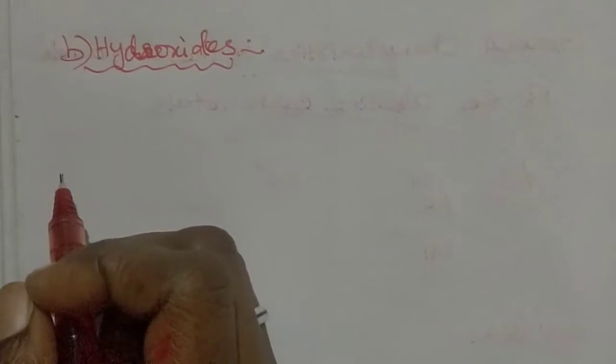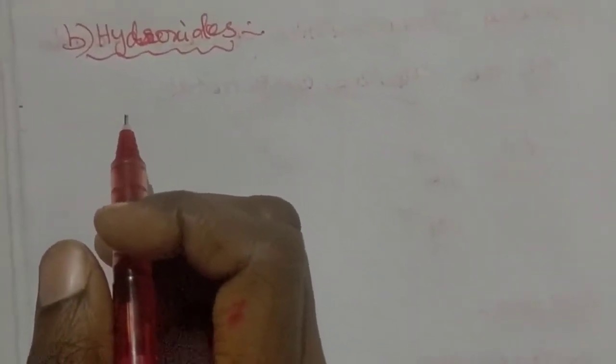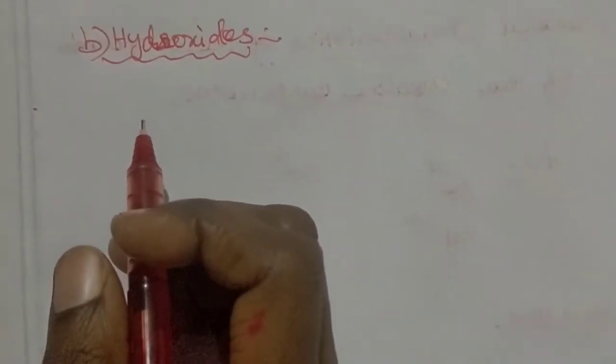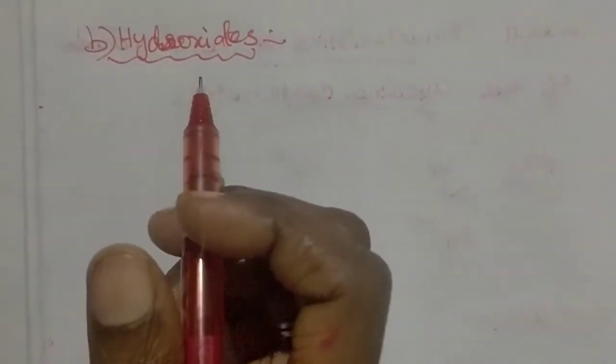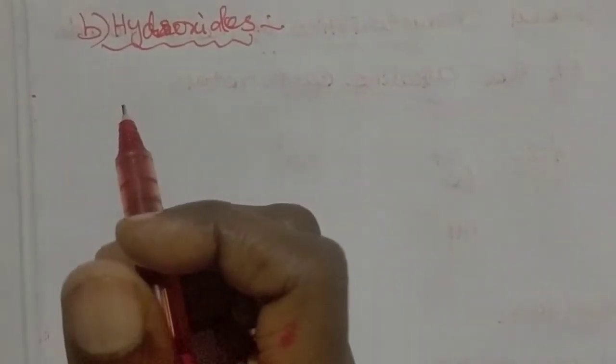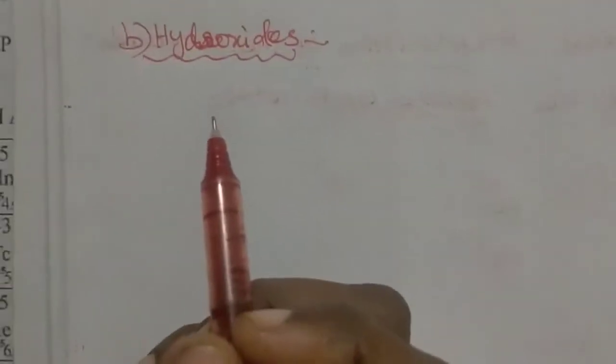Next, hydroxide. So beryllium oxide is amphoteric in nature, and all the other compounds are basic in nature. Magnesium oxide is also basic in nature, but it is a weak base. But all the other elements like barium, strontium, calcium are strongly basic.